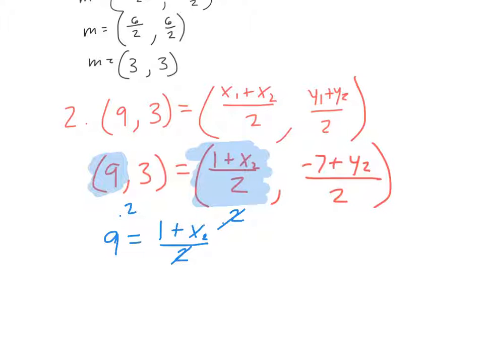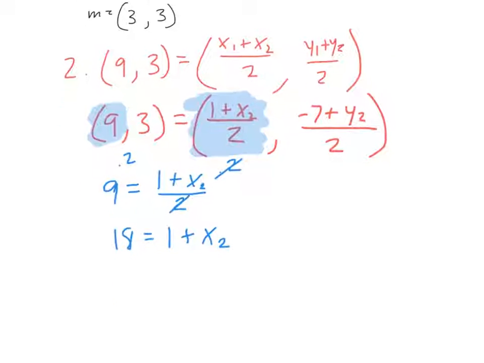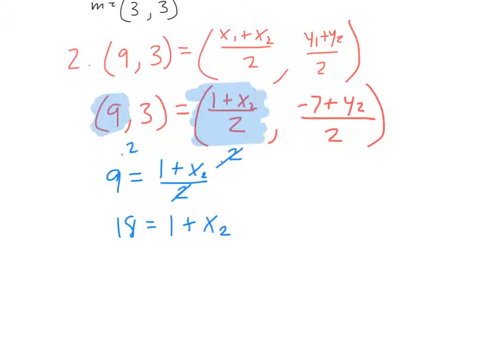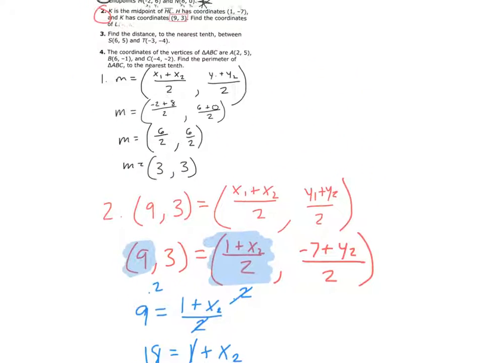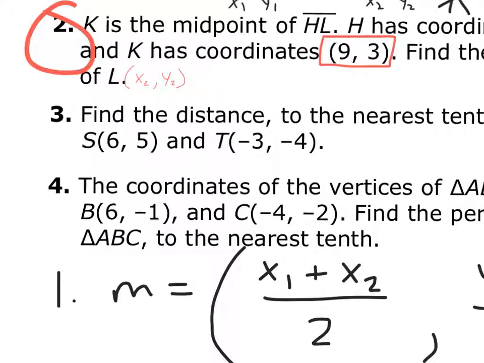So those 2's cancel out. So we'll have 9 times 2 is equal to 18, which is equal to 1 plus x2. So now we subtract 1 from both sides, and we have 17 is equal to x2. Now we can go back up to the top, cross this x2 out, and we know that this is equal to 17.